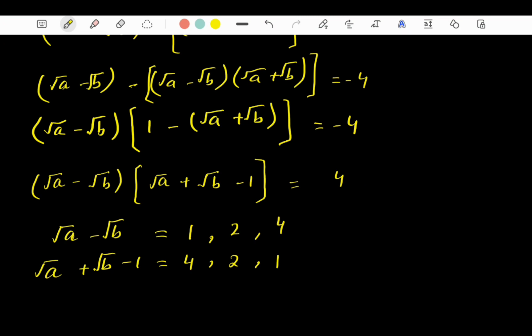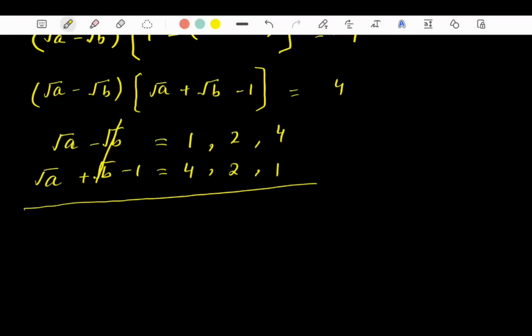So let us add these two terms. Adding, the square root of b terms will cancel out and we will get 2 times square root of a minus 1 is equal to, with the corresponding terms added, 5, 4 and 5. Adding 1 on both sides, 2 square root of a will be equal to 6, 5 and 6.